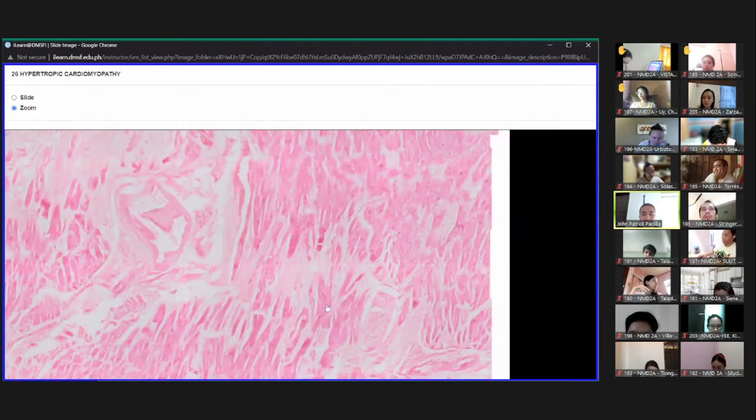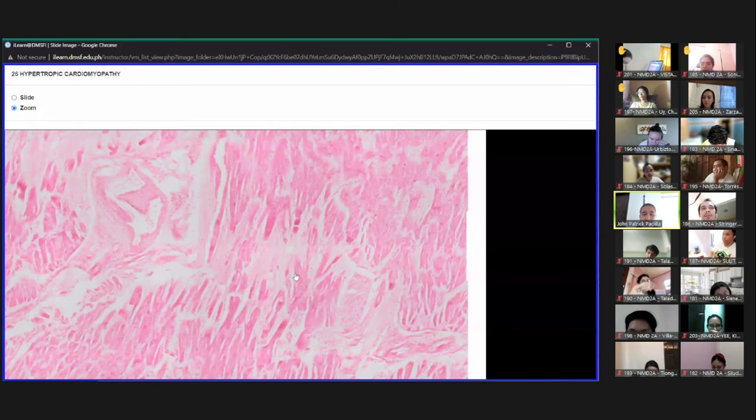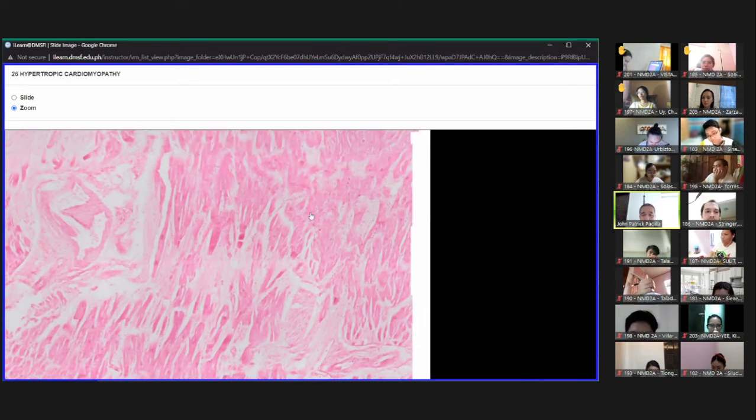They can be seen here as having oblique formation. They can be horizontally formed. There is a haphazard arrangement, which is very characteristic for hypertrophic cardiomyopathy.